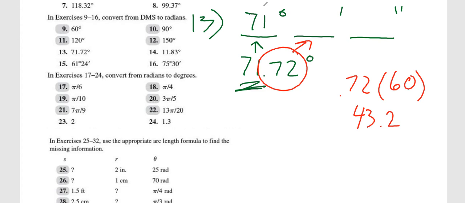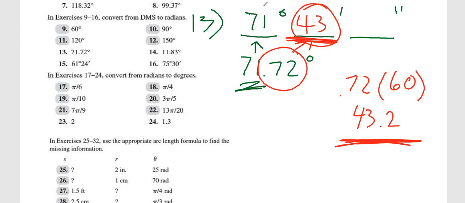All right, so what do I do with the second? Now that I've multiplied the 0.72 by 60, what do I put in the next part right here? 43. 43 whole minutes.